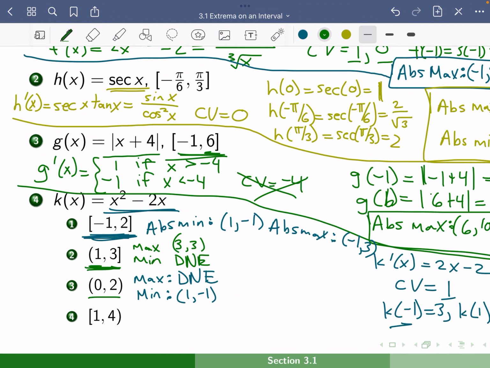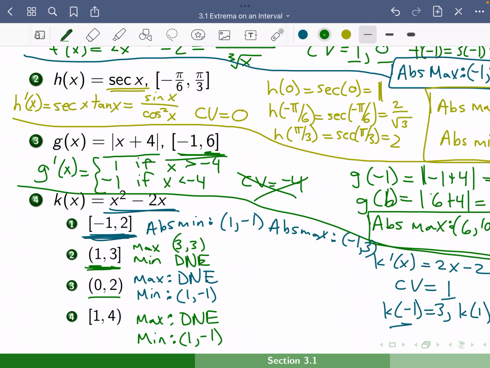And finally, when we are looking at the half-closed interval from 1 to 4, we find, again, our maximum here does not exist. And our minimum here is at exactly the same point.